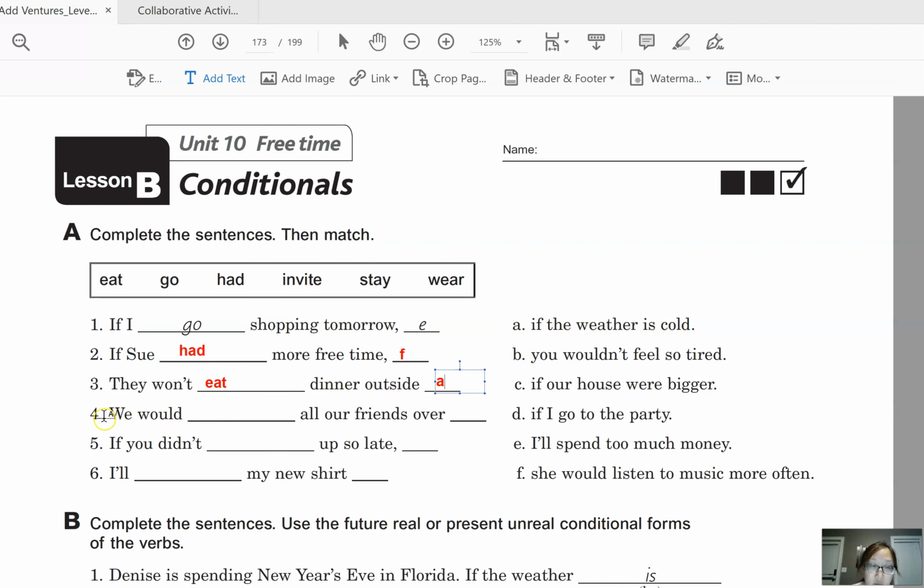Okay, and then number 4, we would invite all our friends over if our house were bigger.